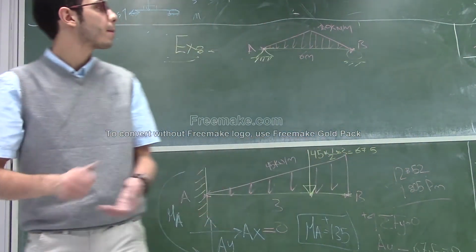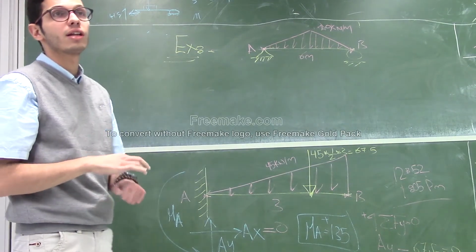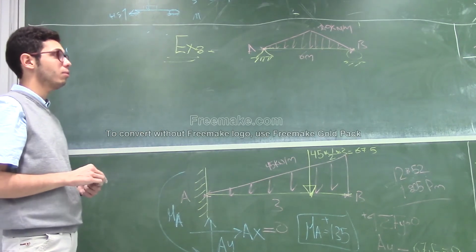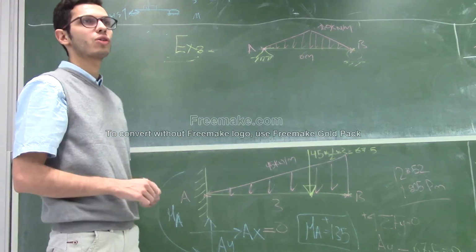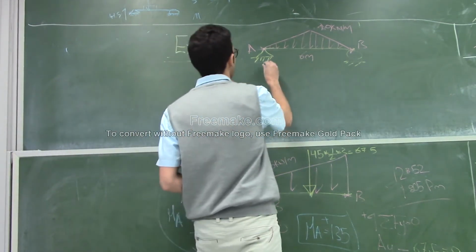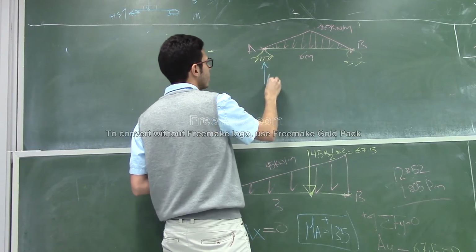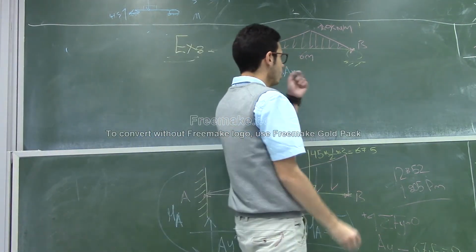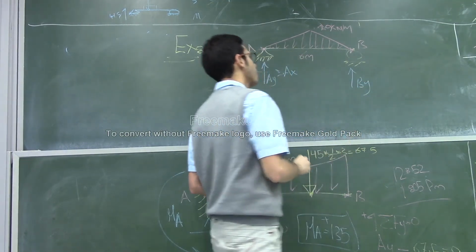The example says, find the shear and the moment for the beam shown in the figure. First step, finding the reactions. Here it's a hinge support, so we get AY and AX. Here it's a roller support, so we get BY.